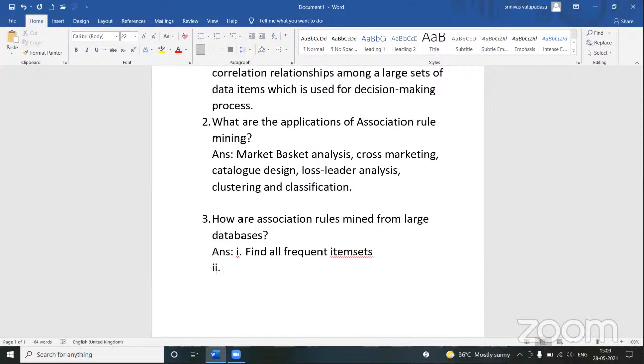Second one is generate strong association rules from the frequent item sets.